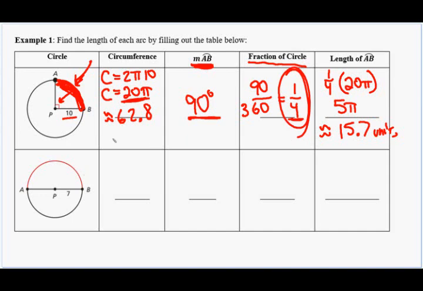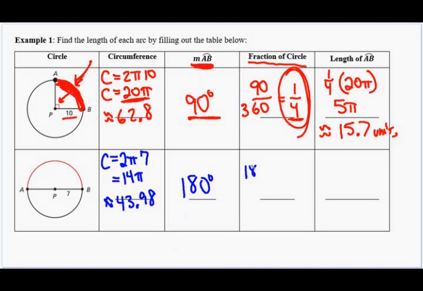All right, below we got something similar going on. Circumference is 2 times pi times radius 7. So we have exactly 14 pi units there, or as a decimal, about 43.98. Now let's see, arc AB here is half a circle, because A to B looks like a radius. So the arc would be a 180 degree arc, and 180 degrees out of a full 360 reduces down to a half.